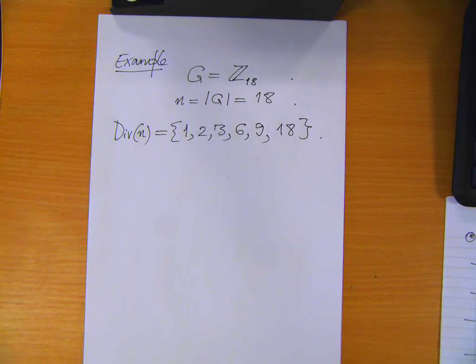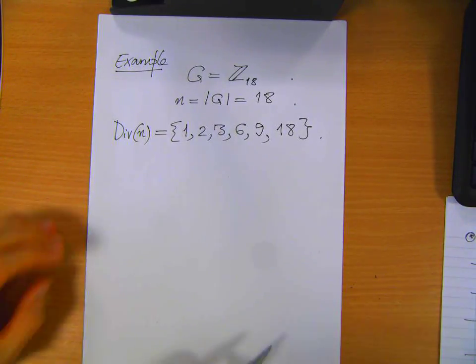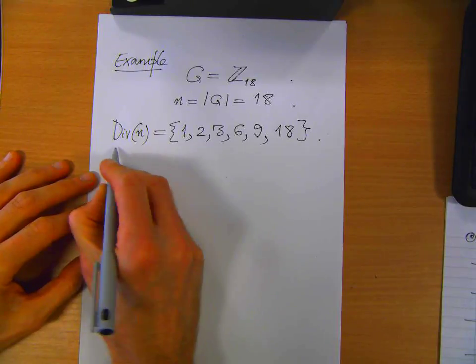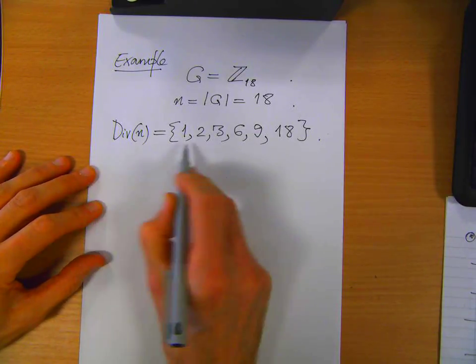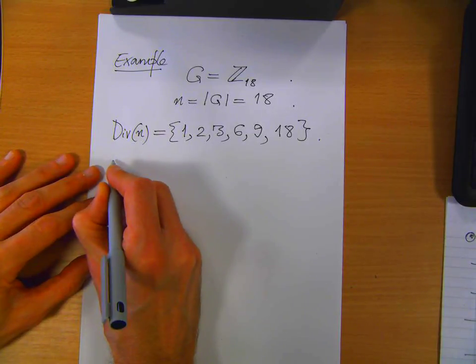So those are the divisors of 18. 1, 2, 3, 6, 9, and 18. And what the theorem says is there's a one-to-one correspondence between this set and the set of subgroups. So we can actually list them. So there are 1, 2, 3, 4, 5, 6 subgroups, and they're all cyclic.